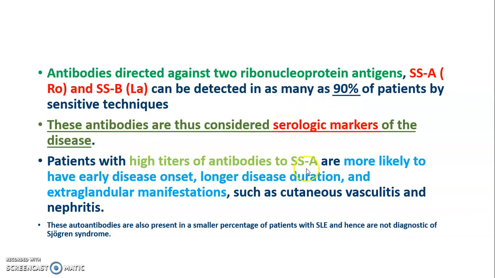Patients with higher titers of antibodies to SSA have more chances of early onset of disease, longer disease duration, and extraglandular manifestations like cutaneous vasculitis and nephritis.